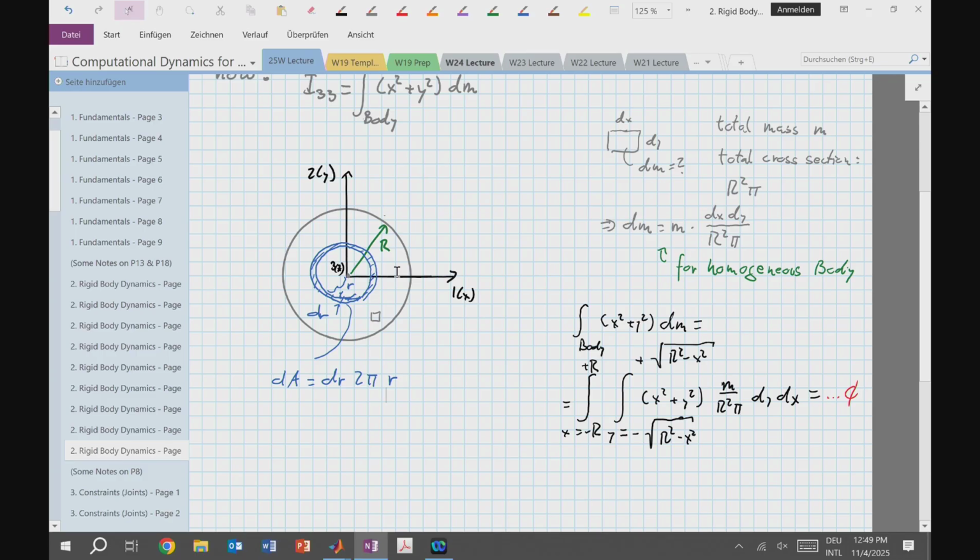And now I can write my dm, the mass, maybe I write this in blue. It's now a different dm, but dm is now going to be mass times 2 pi r times dr divided by r squared pi.